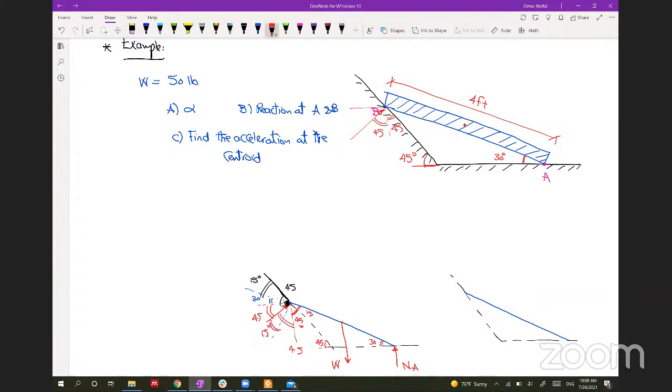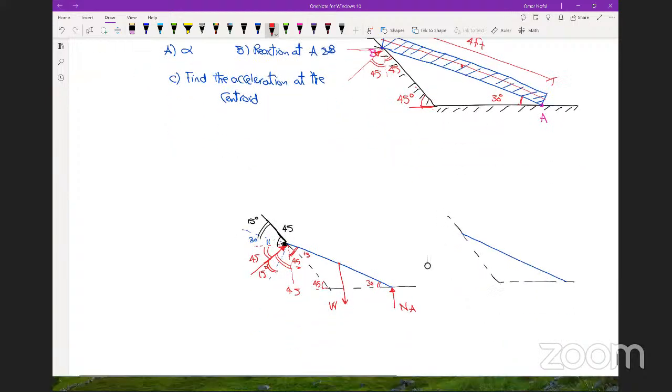So it just needs some geometry to identify these angles, because we have a perpendicular to this line and a perpendicular to that line. We know this angle is 45 as this angle is 30. So you can identify the angle between NB here and the horizontal, the incline and 45, and the incline and 30. It just needs some focus to identify all of these.